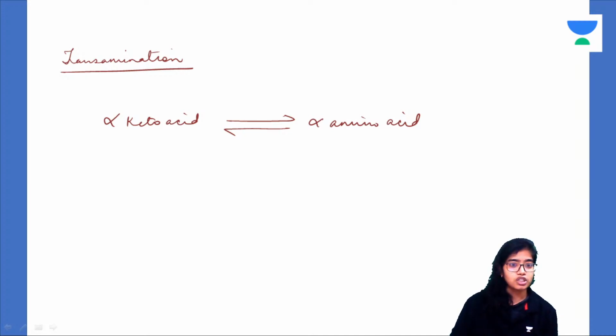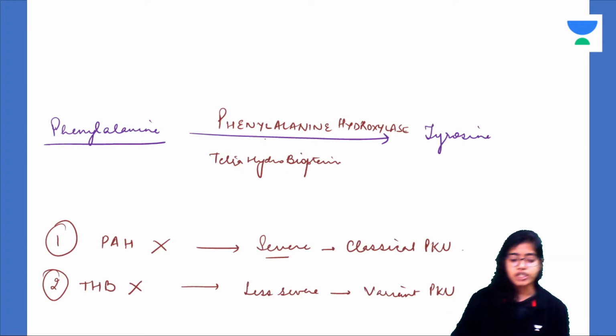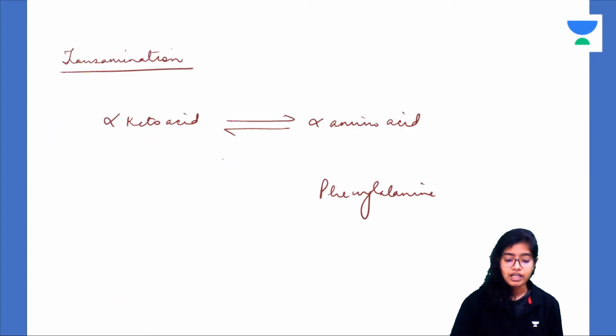Here this amino acid is phenylalanine. Whenever the enzyme is deficient, there will be accumulation of phenylalanine and deficiency of tyrosine.